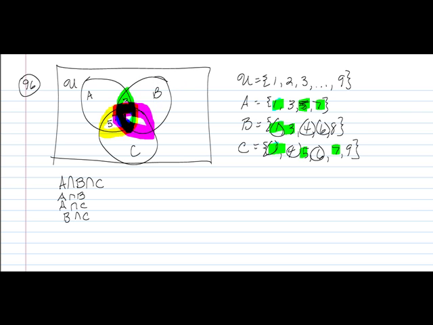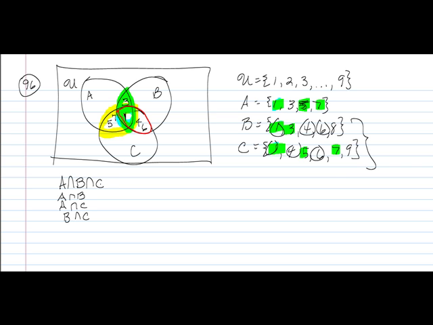Here's B intersects C. We already have the 1. So what we want is we need to add the 4 and the 6. B intersects C have 1, 4, and 6. So these are the 2 we're looking at.